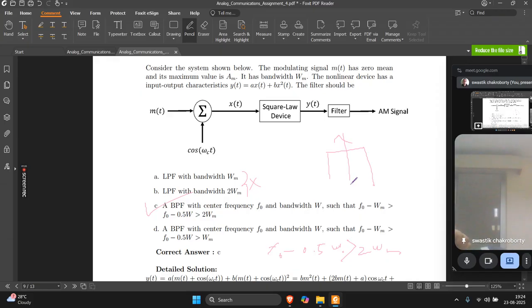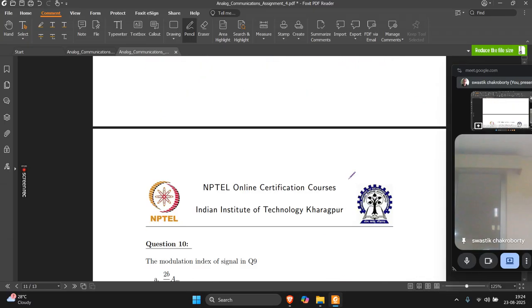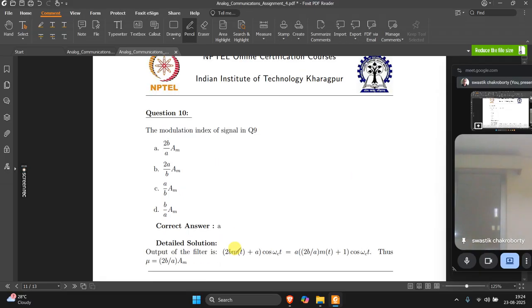Here you can see the output of the filter is 2B m(t) plus A cos omega c t. So you take A common, so it is A into 2B by A m(t) plus 1, cos omega c t. So 2B by A into A is the modulation index and the carrier amplitude is A.